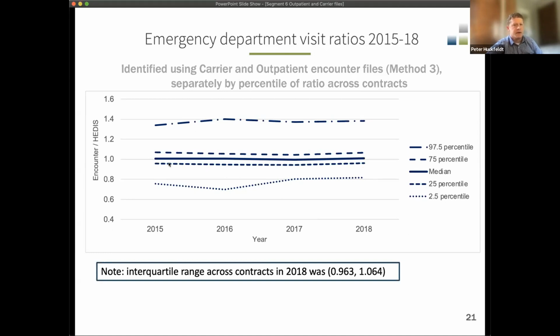The interquartile range is also pretty constant over this period: the 25th percentile is 0.963 and the 75th percentile is 1.064. But again, similar to the outpatient visits, we have some outliers at the top and the bottom of the distribution: 1.4 at the top in 2018 and 0.8 again in 2018 for the bottom.